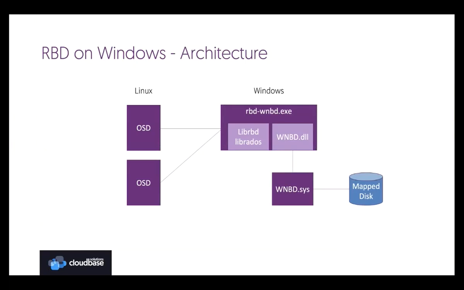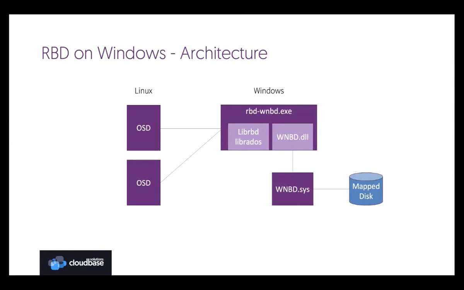A quick look at the architecture. Here we have the Windows side on the right, with separate user space and kernel space parts. In user space, we have a process called WNBD, which contains the Ceph components, and also an additional component, the WNBD DLL, which connects through a fast device I/O control channel to the WNBD kernel module that we developed specifically for this project.